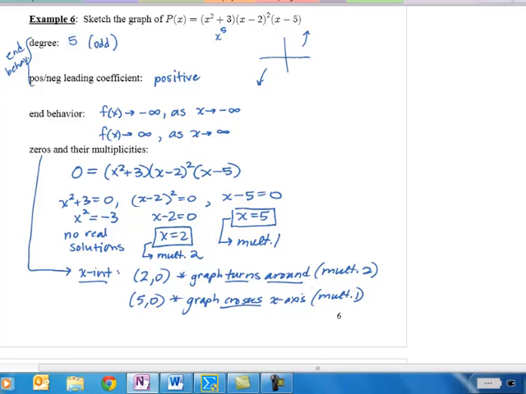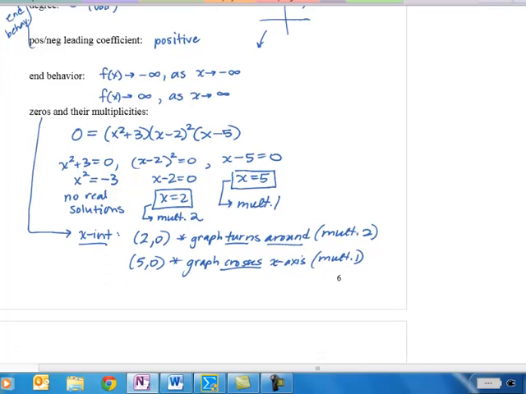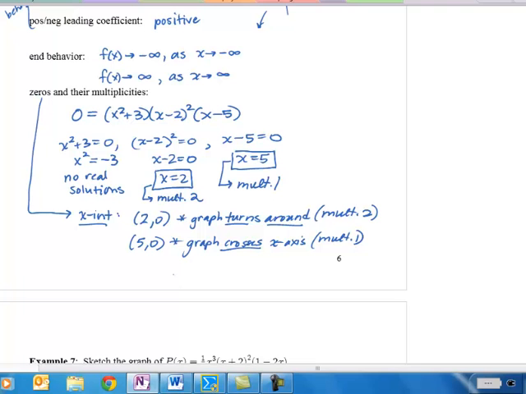So any factor that has an even exponent, the related x-intercept is going to be a place where the graph turns around. Any factor with an odd exponent, the graph is going to cross the x-axis at that x-intercept. So that's enough information to get us a decent graph.